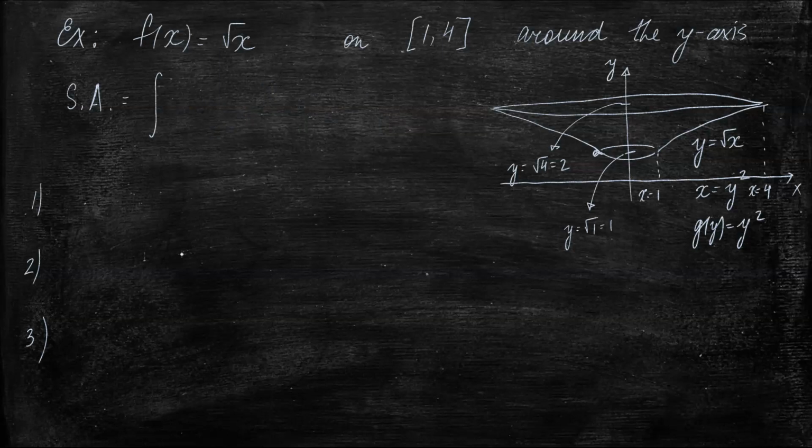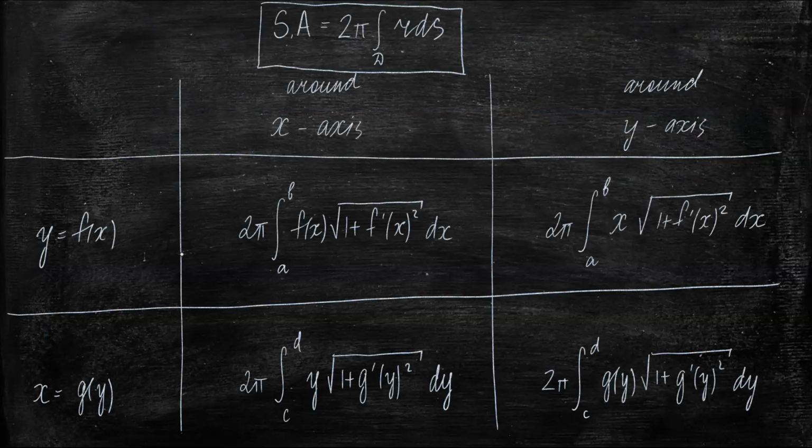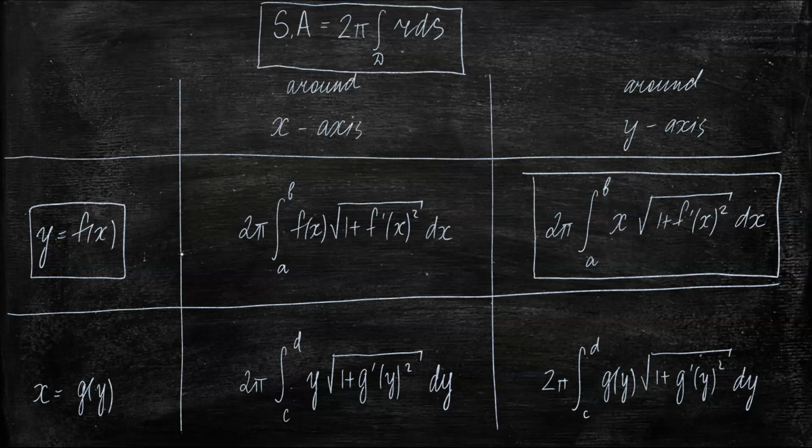So we're going to be using this formula, 2 pi r ds. So this is what we have given, right? We have a function from 1 to 4 rotated around the y-axis, and we're given a function like this, but we're rotating it around the y-axis.